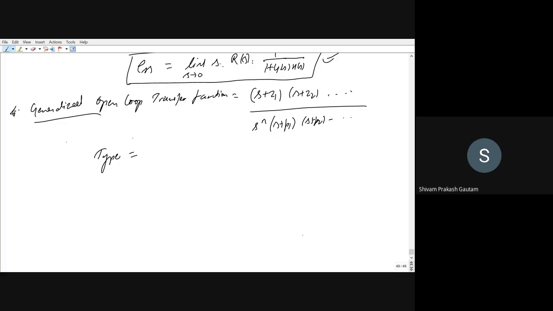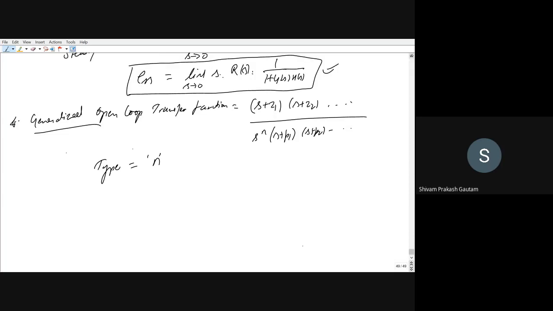How many poles are there at the origin? s to the power n. So that means n poles are at the origin. So the type is n. Yes. Now we will calculate the steady state error if the reference input is a unit step.